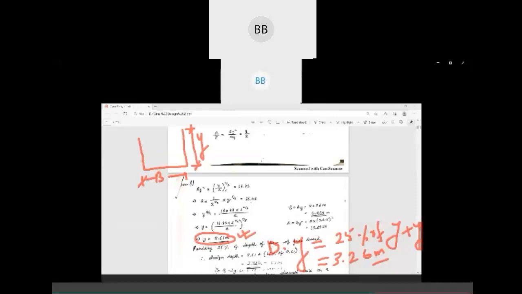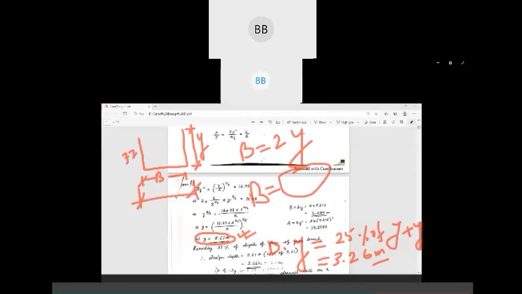So for this particular design depth, you have to find out the width of the channel. Again, you are going to use that economic condition. You multiply by 2 and you will find out the design width, which you are going to provide here, and the depth you are getting, that 3.26, you are going to provide for that rectangular channel.